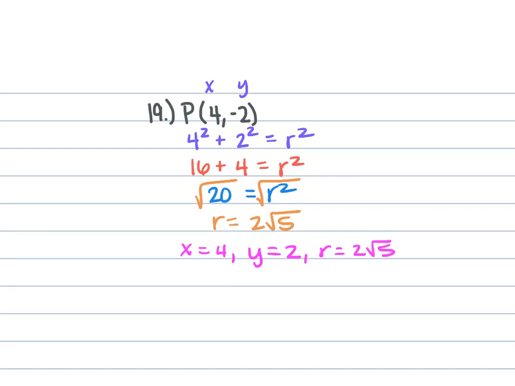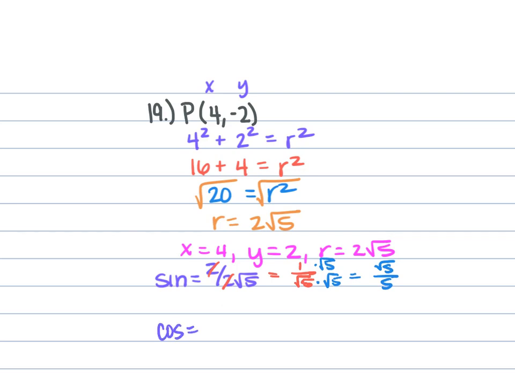So sine, once again, is y over r, so that's 2 over 2 square root 5. These 2's are going to simplify to give us 1 over the square root of 5. We simplify that by multiplying top and bottom by the square root of 5. And that's going to leave us with the square root of 5 over 5.